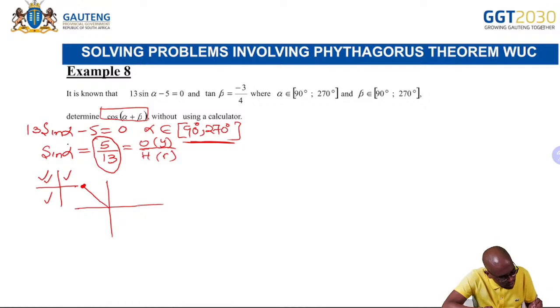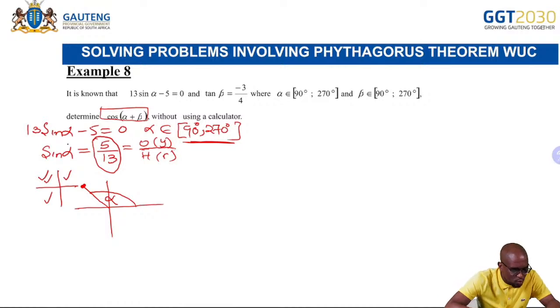So our terminal arm should be in the second quadrant, where this angle here is alpha. And we know that since sine is y over r, it means that our y value is 5, our r is 13. We are left with what? x.